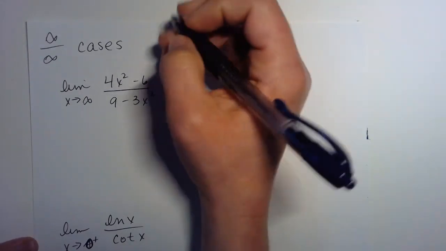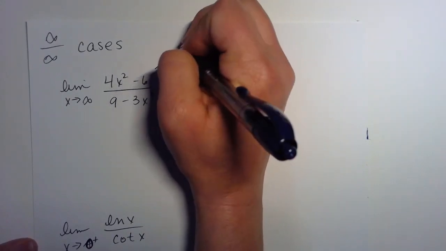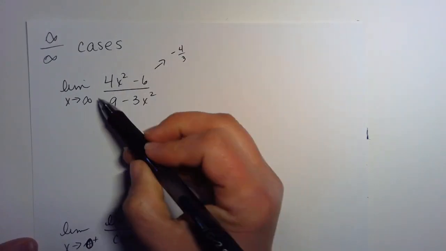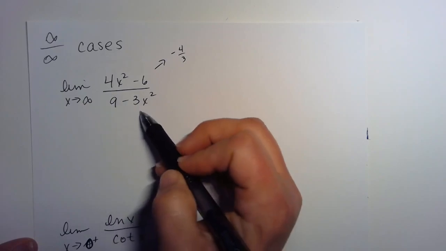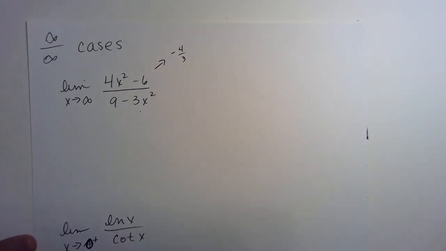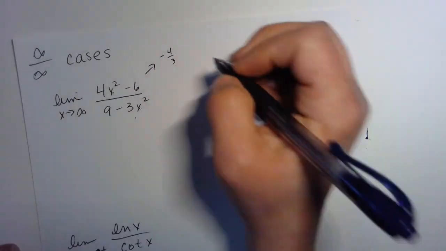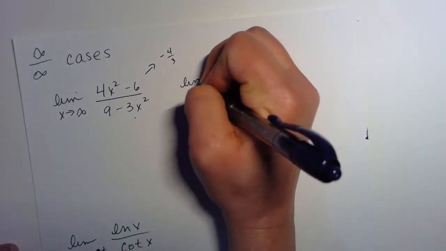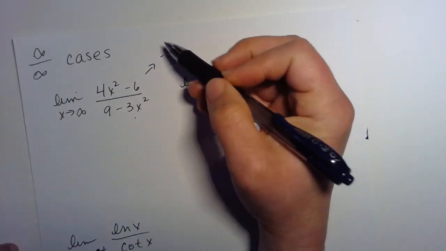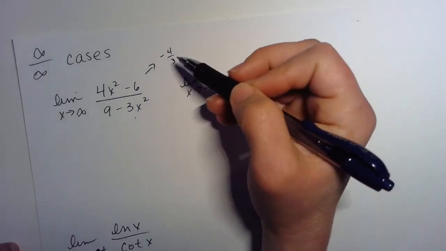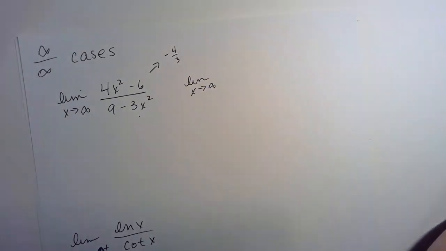So what I should get out of here is -4/3 because the ratio of my biggest terms is 4 over -3. Okay. We've seen this before. If you don't remember that, then this is a good way in case you forget.